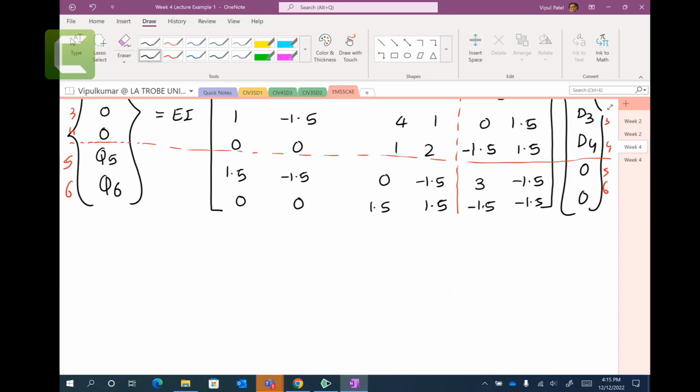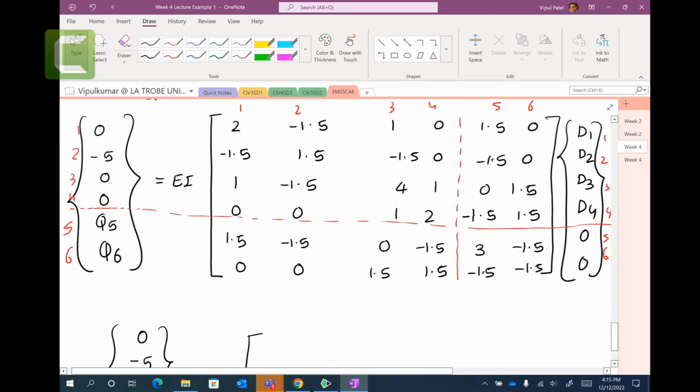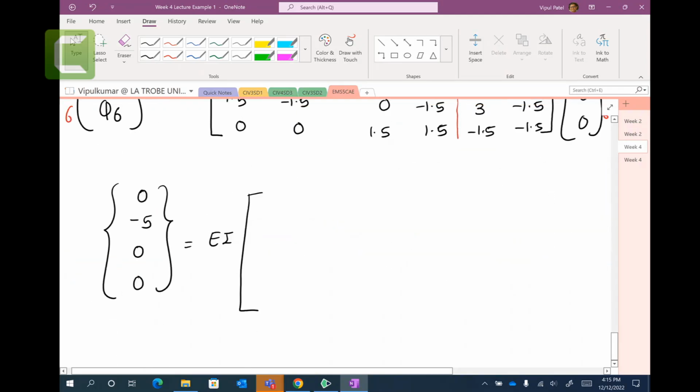Now I can get the first vector 0, minus 5, 0, 0 equal to EI times the bracket. We can write 2, minus 1.5, 1, 0; 2, minus 1.5, 1, 0; minus 1.5, 1.5, minus 1.5, 0; 1, minus 1.5, 4, 1; 0, 0, 1, 2.